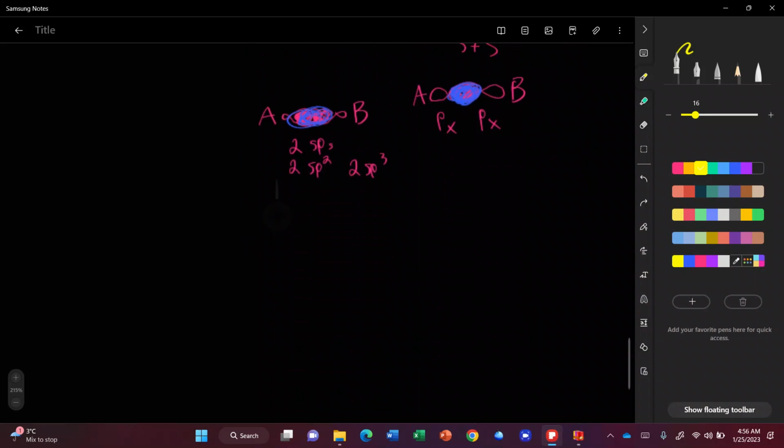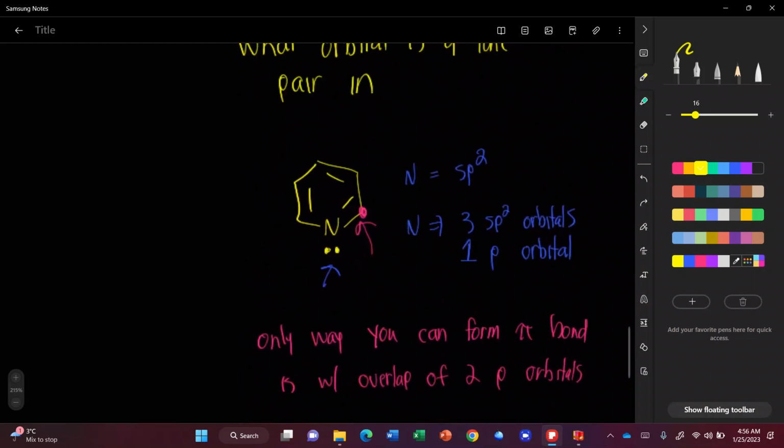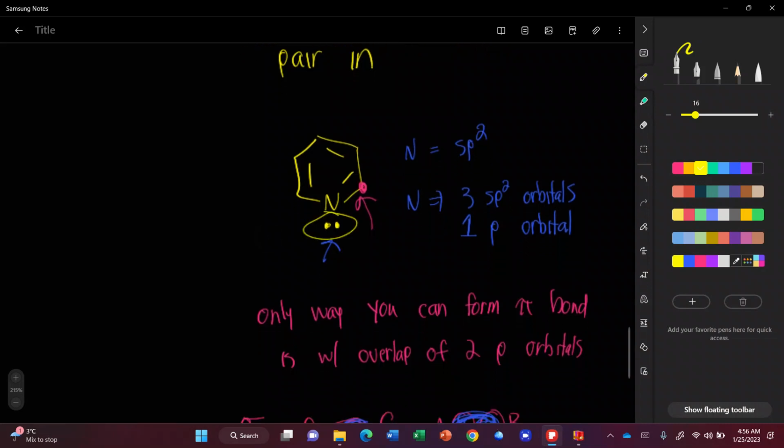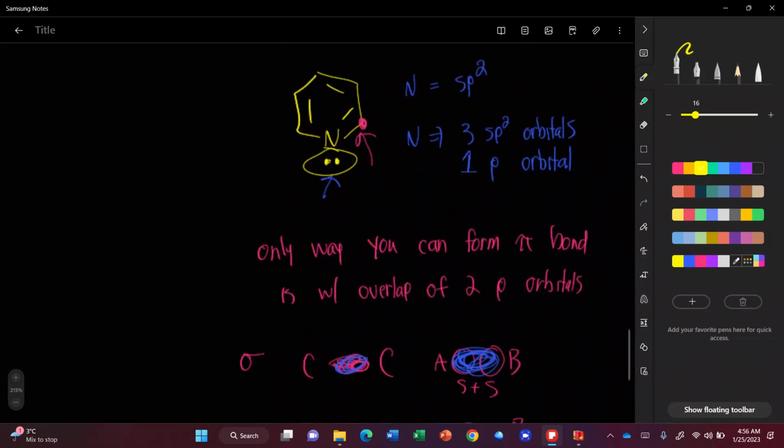Oh, yeah, sorry. So if we go way back up here, I had a little brain fart for why I was talking about that. So if we're trying to figure out where this lone pair is, right, the fact that this nitrogen already has a pi bond must mean that the nitrogen used its leftover p orbital to make that pi bond, right? And if it used its leftover p orbital to make the pi bond, then obviously that lone pair cannot be in the leftover p orbital.